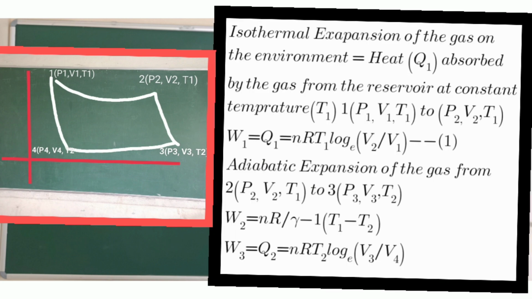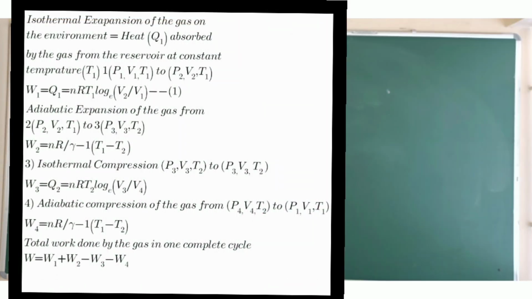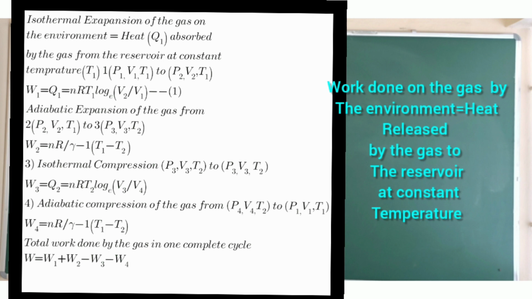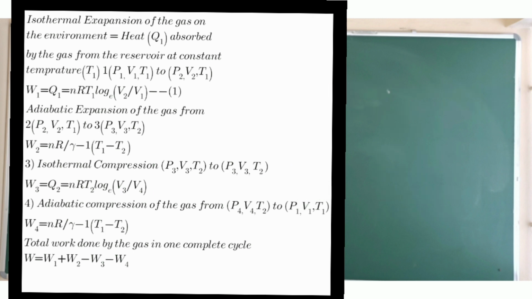The third step includes the work done on the gas by the environment, which is equal to heat Q2 released by the gas to the reservoir at constant temperature T2. W3 is equal to Q2 is equal to nR T2 log base e V3 by V4. During step 4, adiabatic compression of the gas from P4 V4 T2 to P1 V1 T1, that is nothing but the work done on the gas in the adiabatic process, W4 is equal to nR by gamma minus 1 into T1 minus T2.